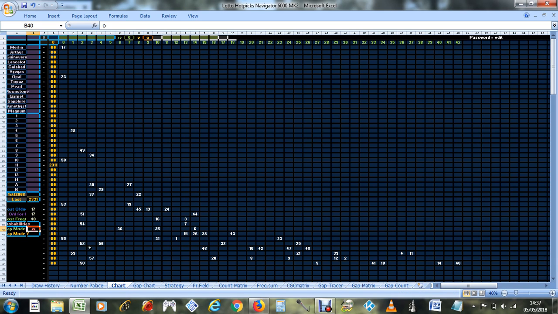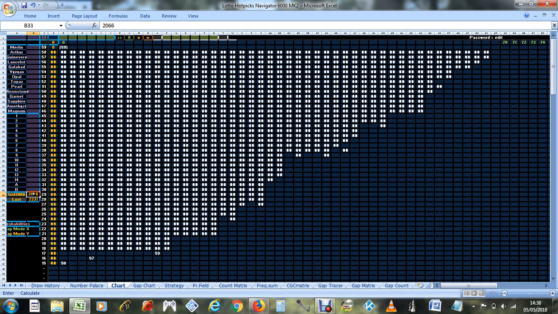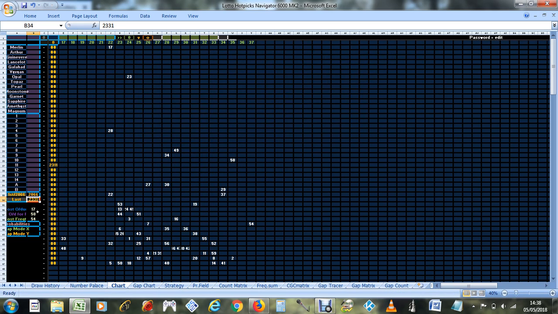Now, if we look at this chart showing just where the numbers are in terms of their own frequency and how long it is since they last occurred, then you can see these ones are the most overdue.